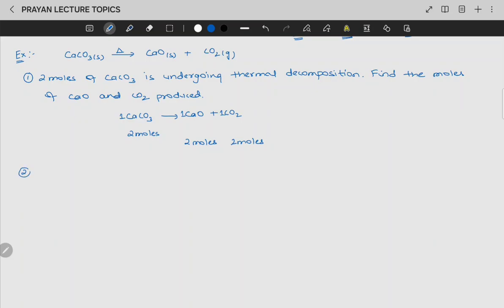Second, they can give 100 gram of calcium carbonate undergoing thermal decomposition.